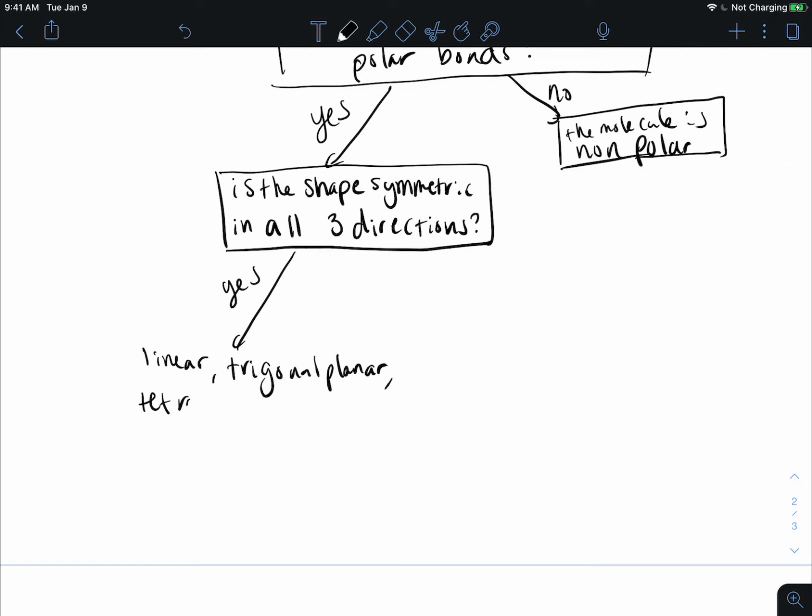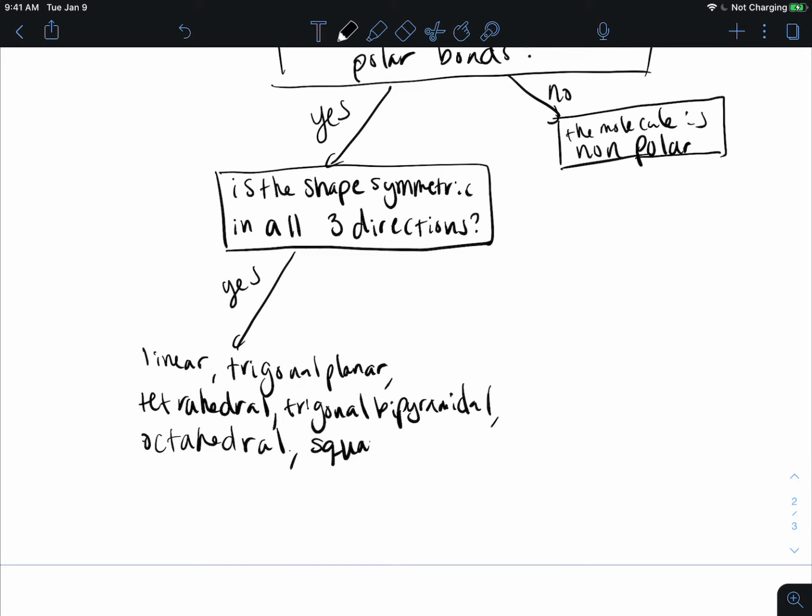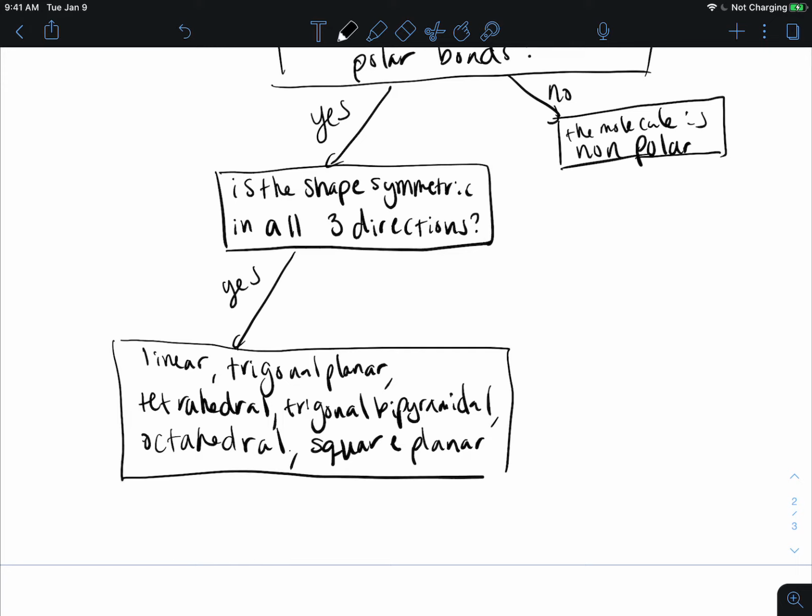tetrahedral molecular geometry, trigonal bipyramidal molecular geometry, octahedral molecular geometry, and square planar molecular geometry. So these will be our symmetric geometries. So if the answer is yes, it has to be one of those symmetric geometries.